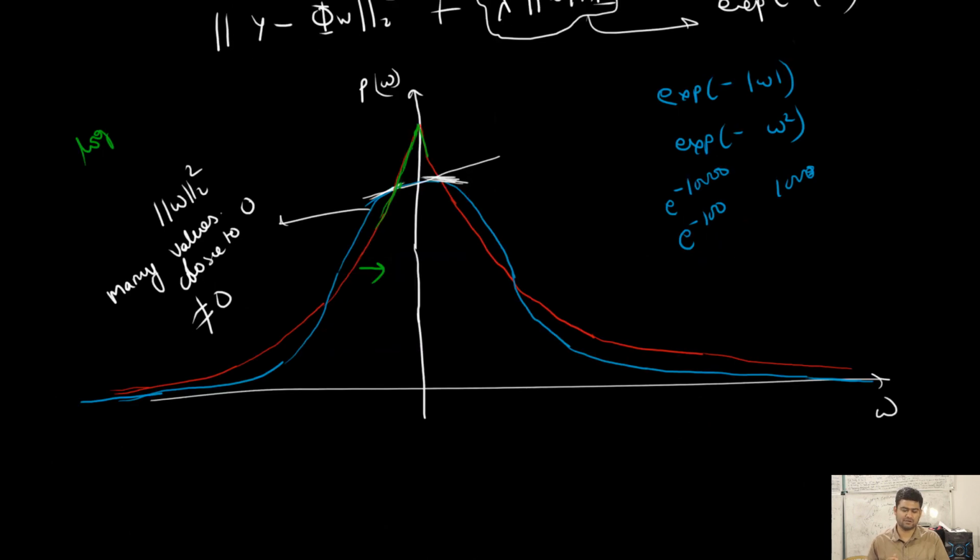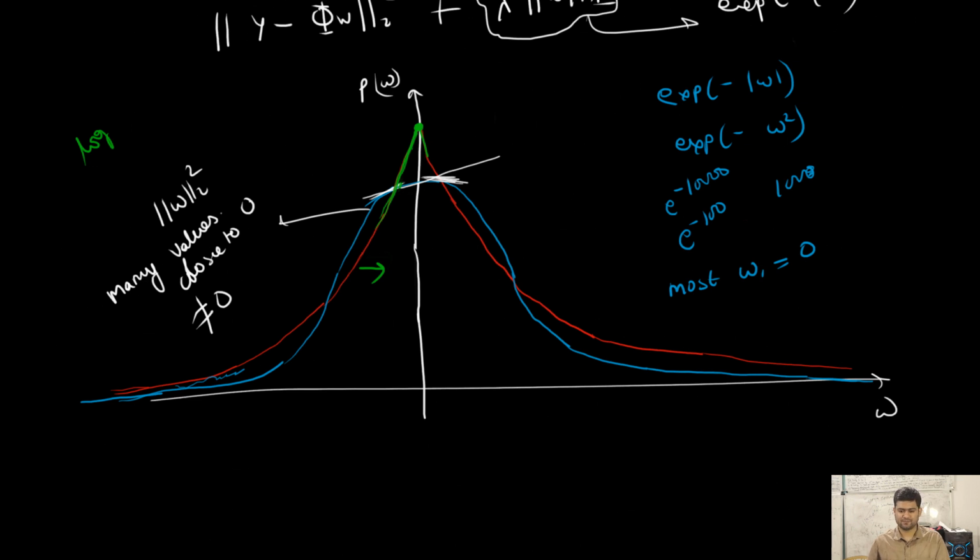But in actual, and that's why we said this is a very crude approximation of what is going to happen in the optimization problem. So from the graph, what we can see is that as we move close to zero, the gradient sort of becomes sharper actually, right? So the Laplacian prior has an effect of drawing most of the values of W exactly equal to zero, right? So what you will find with Laplacian prior is that most components of the W are exactly equal to zero, and the Laplacian prior allows many values to assume a large value as it has a much fatter tail as compared to a Gaussian distribution, right?